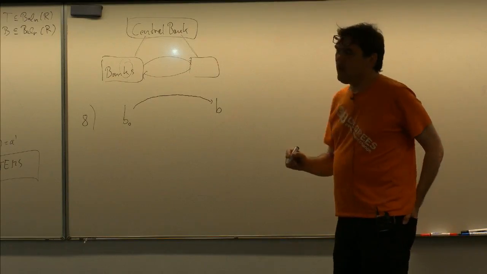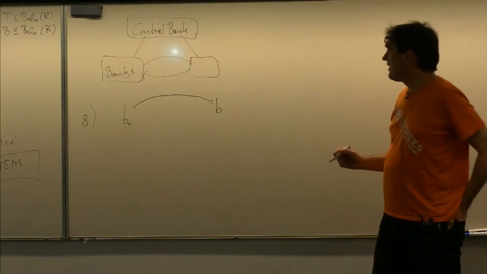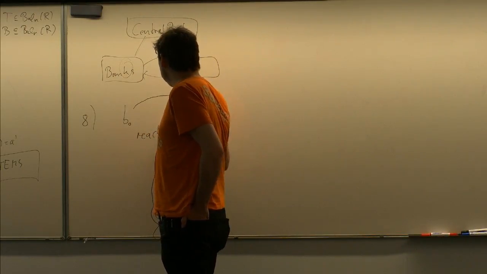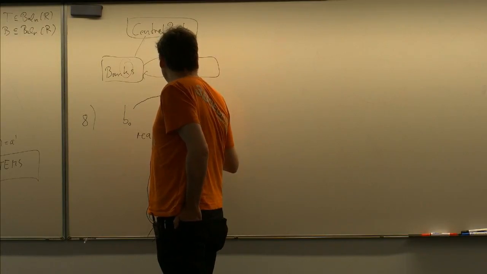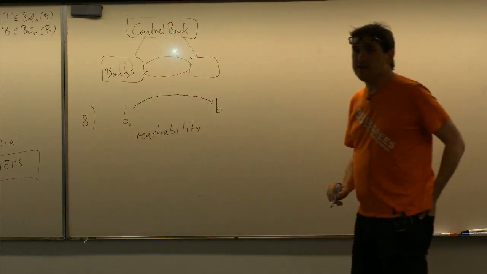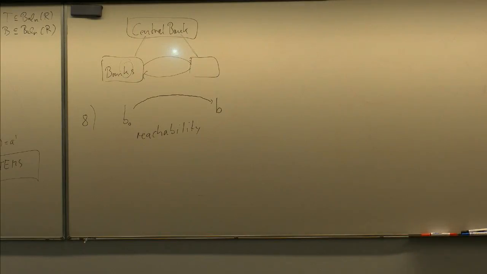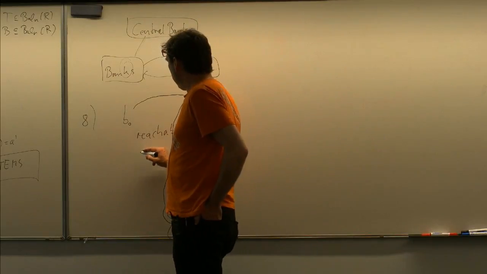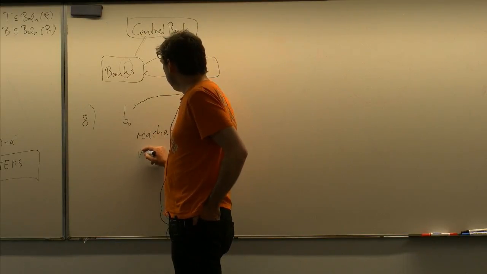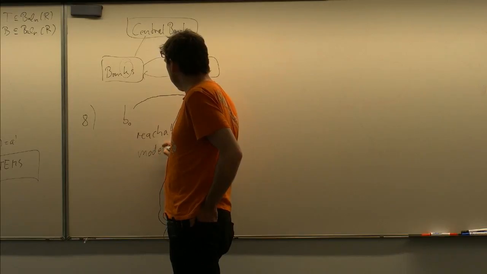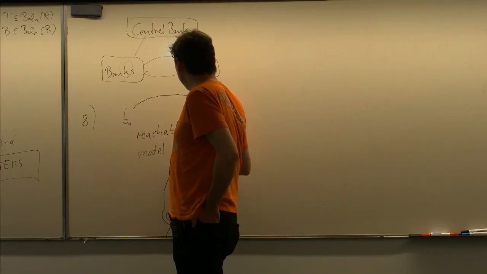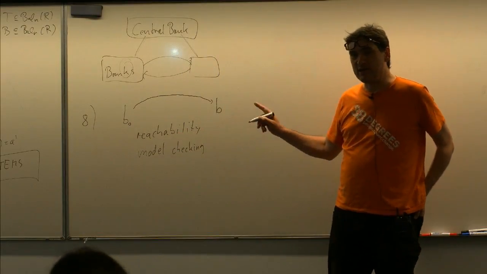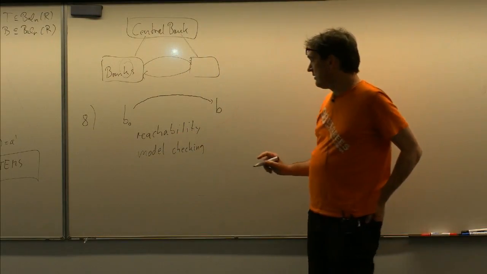Now, if you know a little bit about theoretical computer science and verification, then reachability is only one of the very basic verification problems we consider. There's an enormous amount of literature on model checking, for example, which is much more sophisticated and allows you to check much more sophisticated properties than just reachability.